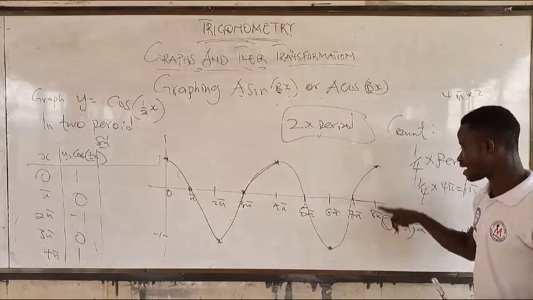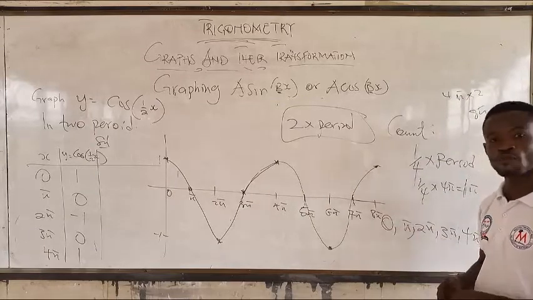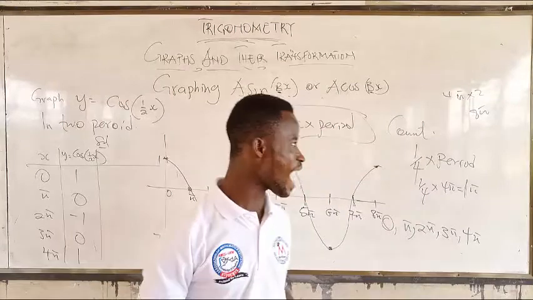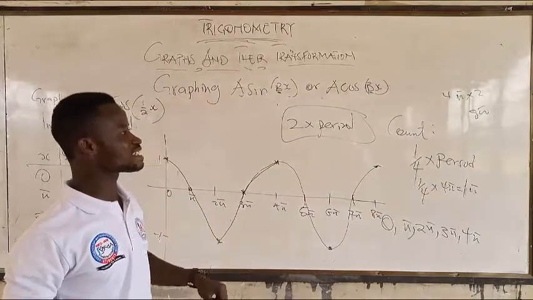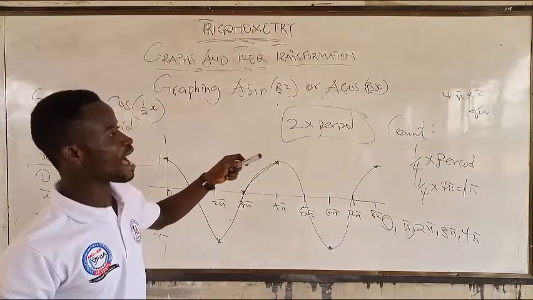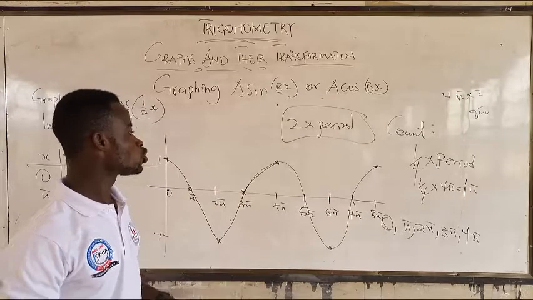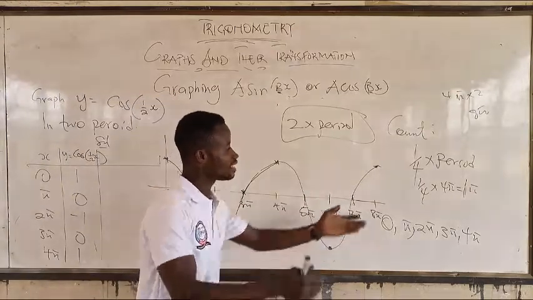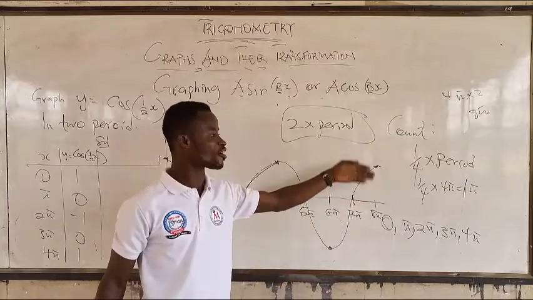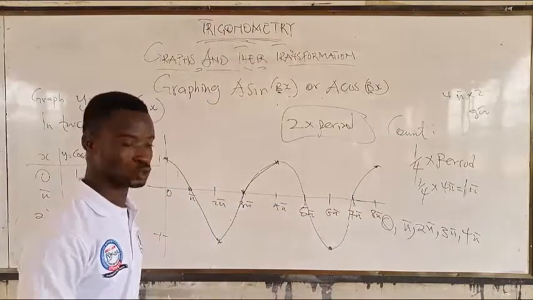And that is where the 2 periods end. So for 2 periods, you multiply 2 by the 4 pi, so you get to that value.